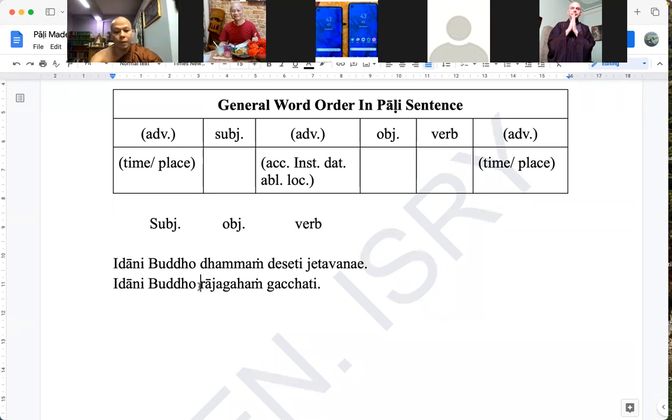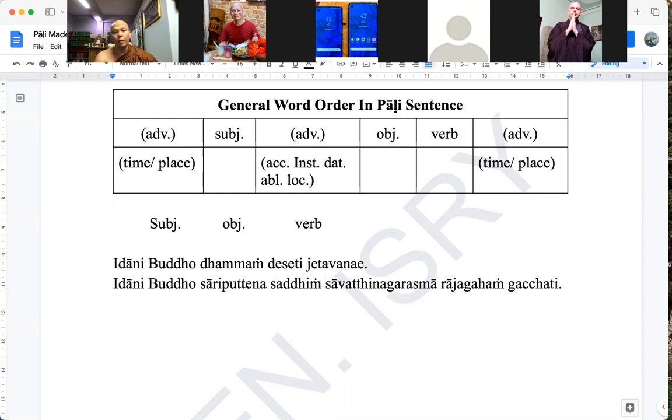From where? Savatthi nagara, something like that: Savatthi nagara Rajagahan gacchati. In this way, and maybe the other one too. Sariputto, that name also can be in this way.